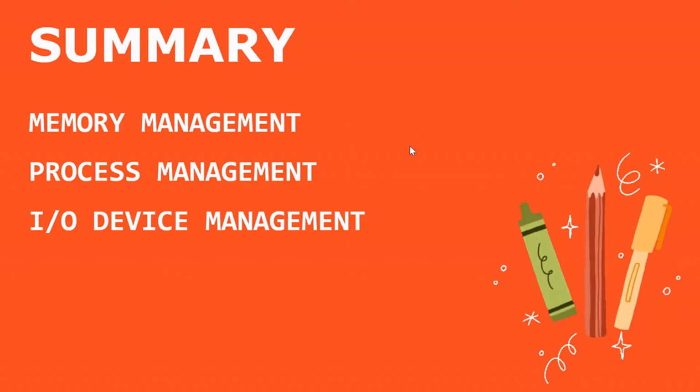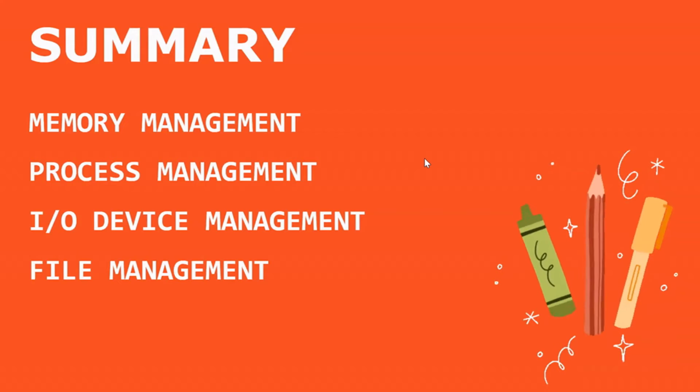The third one is input-output device management. In this, the operating system provides access to the input-output devices of our system to the applications or processes running in our system. Next is file management. In this functionality, the operating system manages all our files, folders, or directories available in our memory.